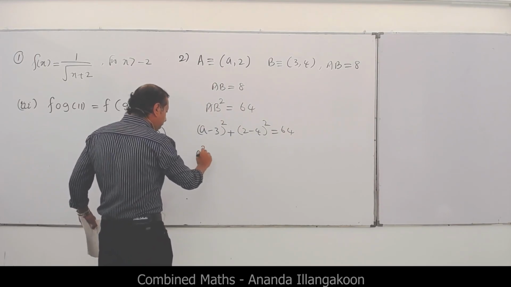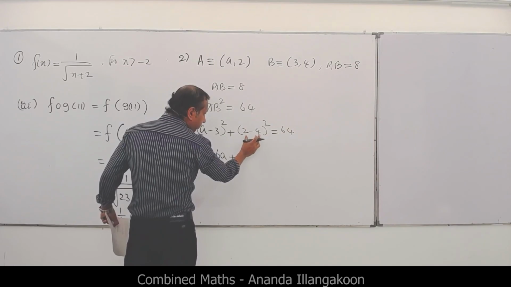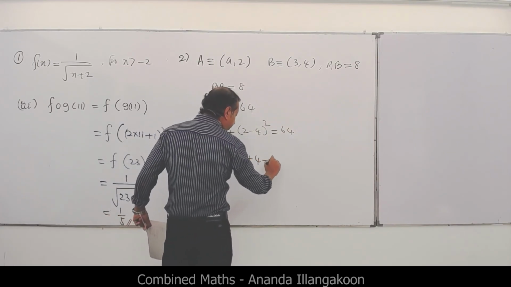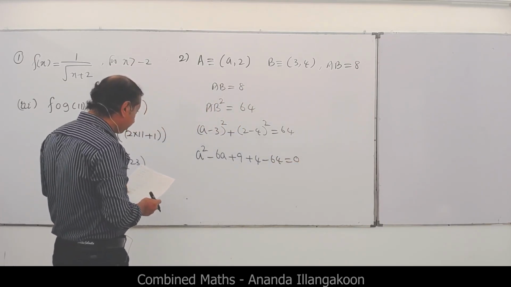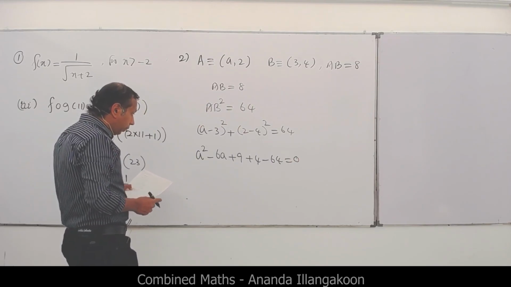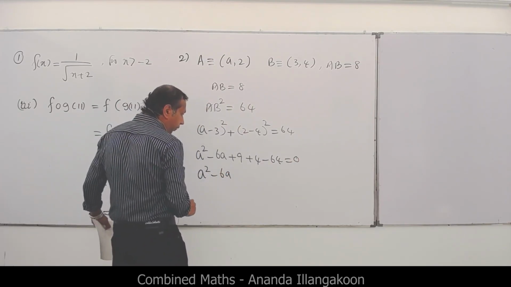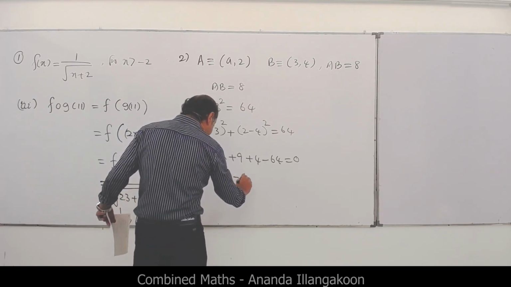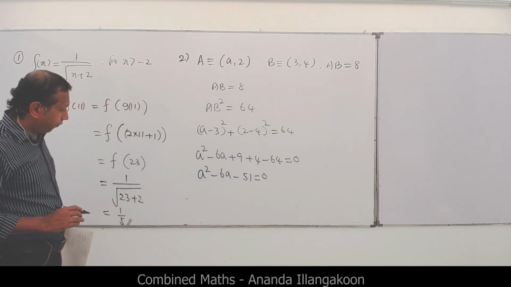Here we get a squared minus 6a plus 9, and minus 2 squared is plus 4, minus 64 equals 0. Then when we simplify this, we get a squared minus 6a minus 51 equals 0. Now we get a quadratic equation in a.